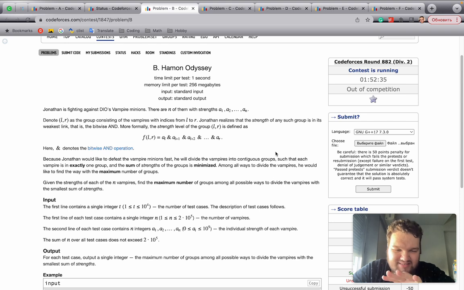I think that statement is not the best, because they use the word group, which can mean just picking them apart, like covering with subsets, and despite that the function is defined for a segment, it's kind of weird.